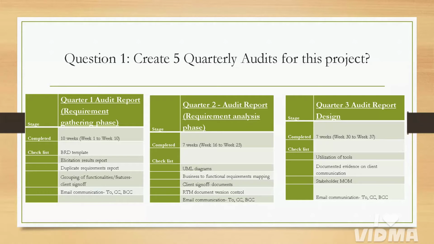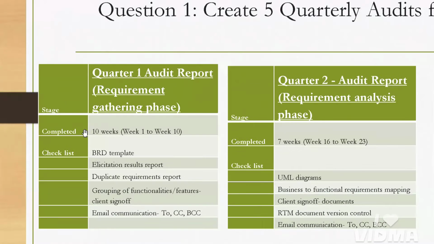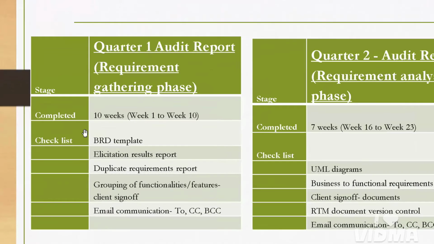If you observe the template, here you can see audit. In the first phase, the requirement gathering phase, you need to add the duration, completed within 10 weeks, from week 1 to week 10. So this requirement phase was done.